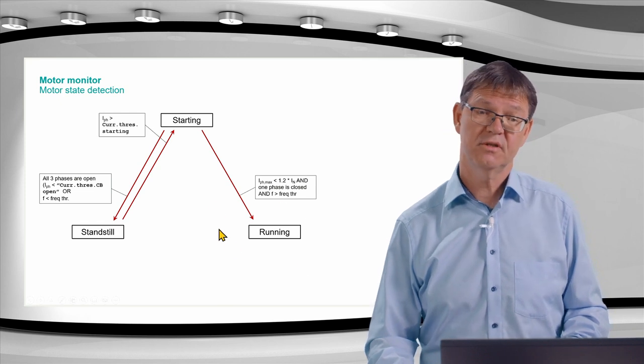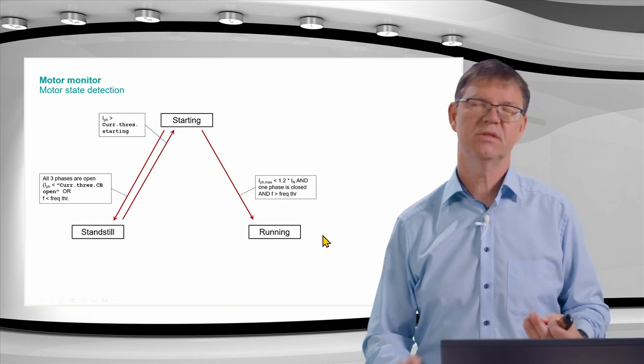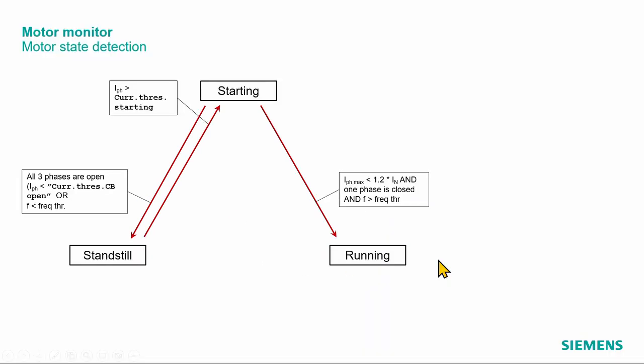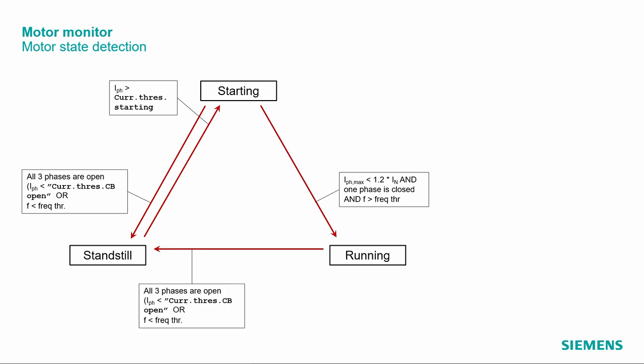And we want to have the nominal frequency, or a frequency which is higher than this setting, which we set below the nominal frequency. Because when the motor is running, when it is on the busbar, then we also see the grid frequency in the motor current, or also in the voltage. We can come from running to standstill when all three phases are open, or if the frequency drops below, again, this threshold here.